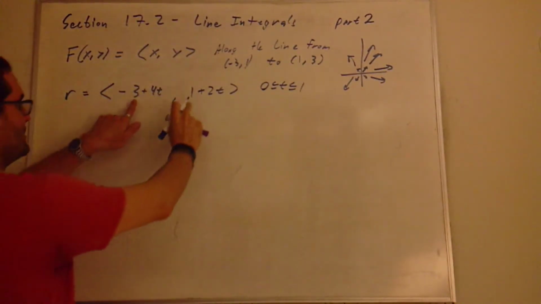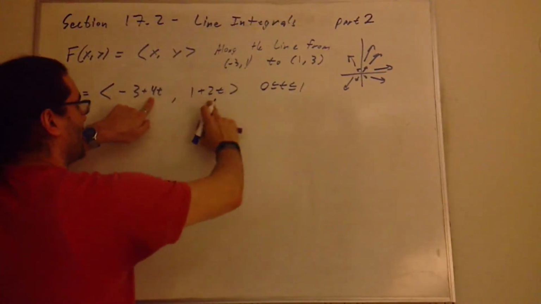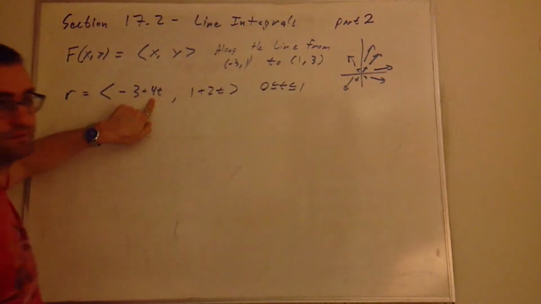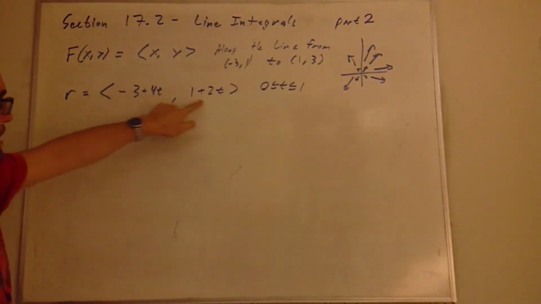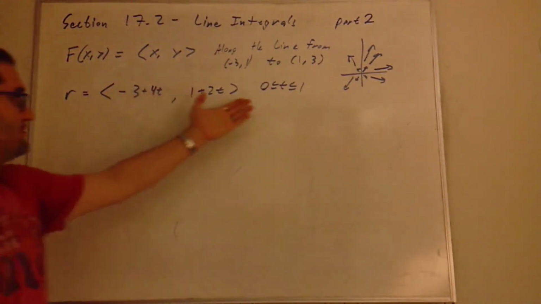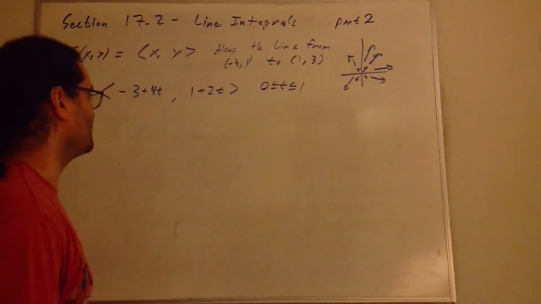So this -3, 1, that's your starting point. 4 and 2 are like your increase in x and your increase in y. If for some reason you have a decrease in these numbers, then just put in the negatives there instead. That works just as well. And then let t go from 0 to 1. It's foolproof. It works every time.